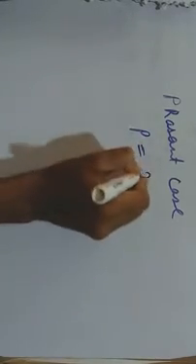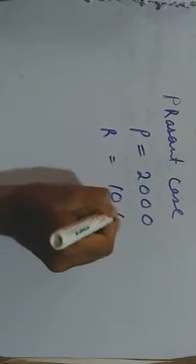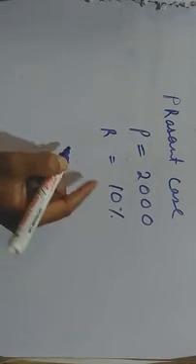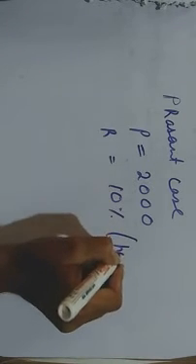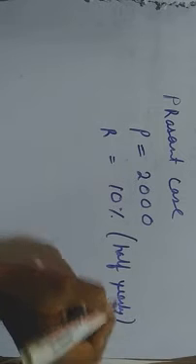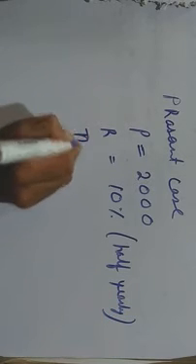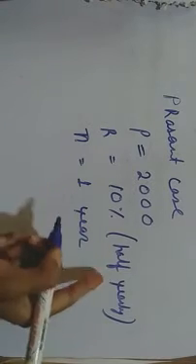The principal is the same, 2,000. Rate of interest 10%. But here, this rate of interest is compounded half yearly. And time is given as 1 year. So here I will use the half yearly formula.